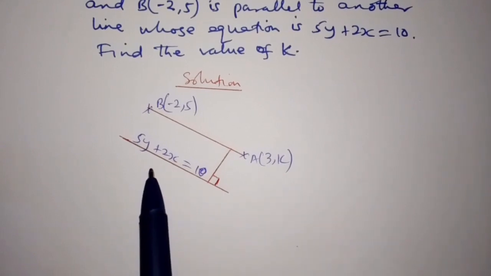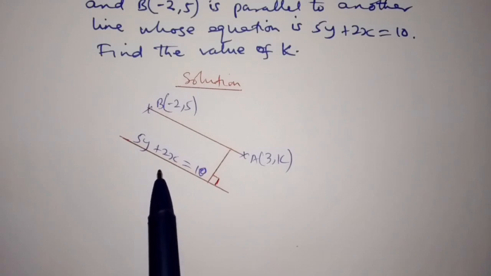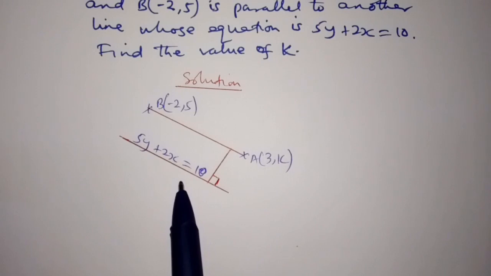So the equation of the line is 5y plus 2x is equal to 10.